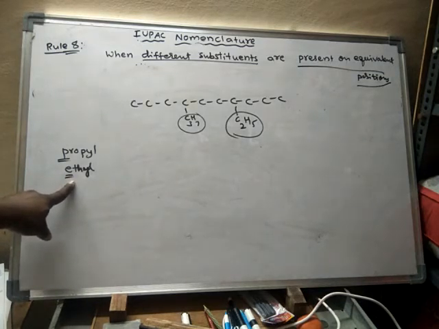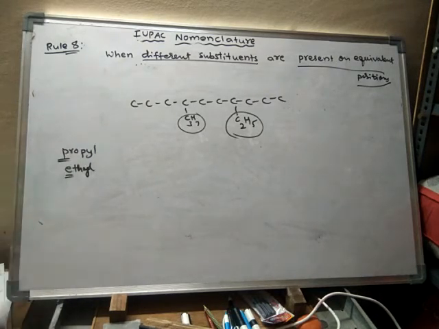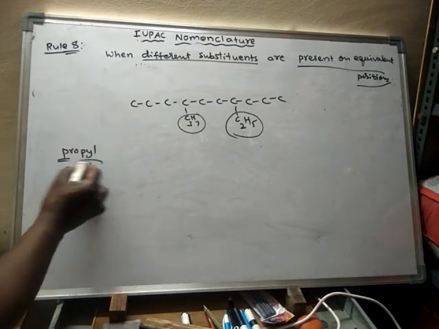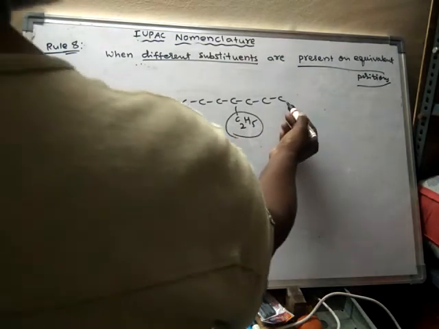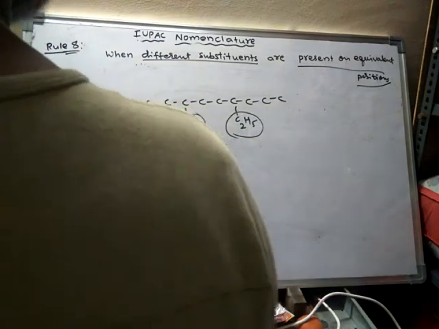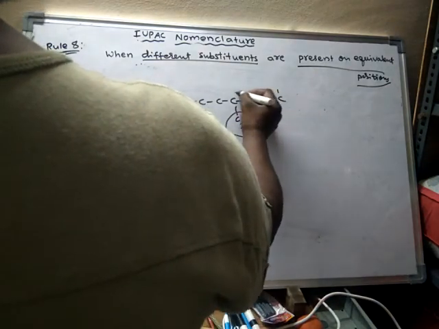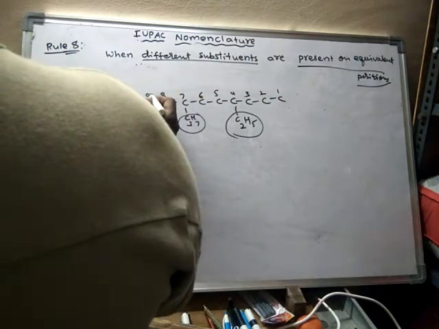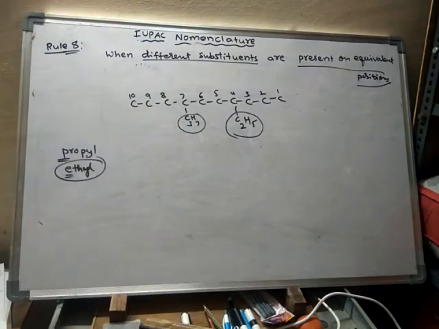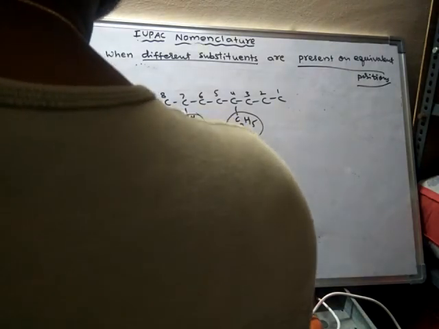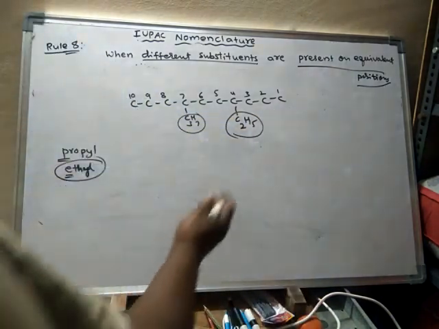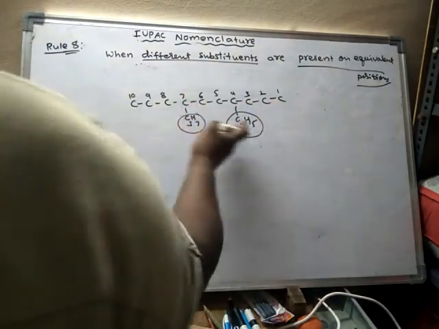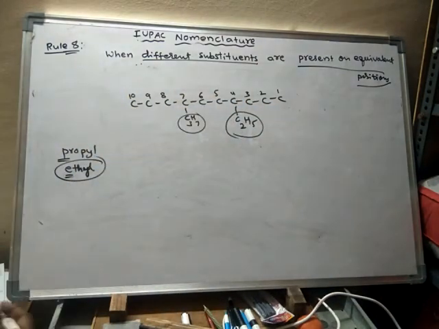Hence you have to follow the numbering based on the ethyl group only. That means the ethyl group should get the lowest numbering. If we go in this direction, the ethyl group will get the lowest numbering: 1, 2, 3, 4, 5, 6, 7, 8, 9, and 10. So we should not number from left to right. Numbering should be given from right to left for this compound.